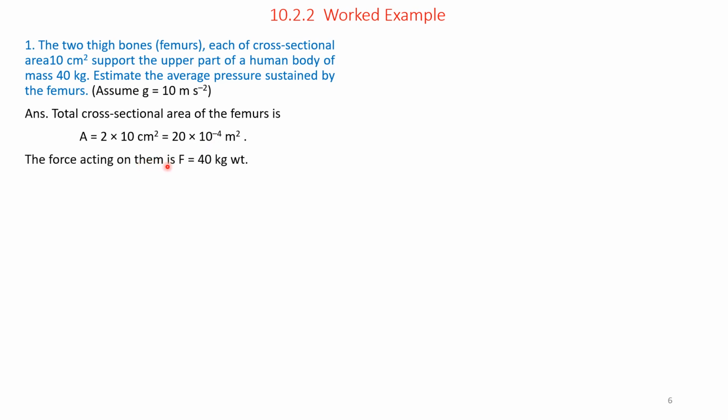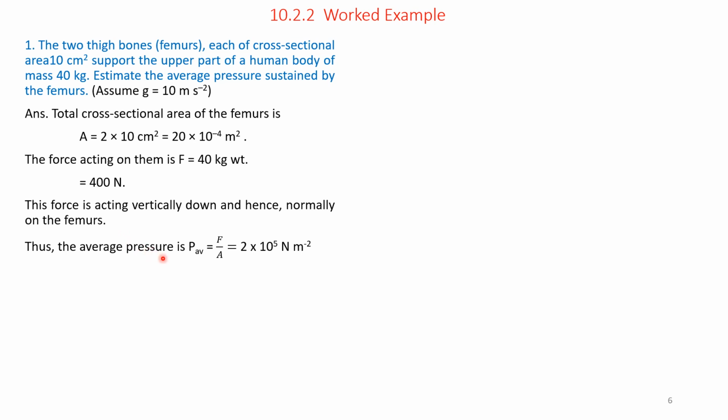The force acting on them is F equal to 40 kg, which is given. In terms of newtons, that is equal to mass times g, that is mg, which is equal to 400 newtons. 40 times 10 is converted into newtons. Therefore, the force acts vertically down and hence normally on the femurs.